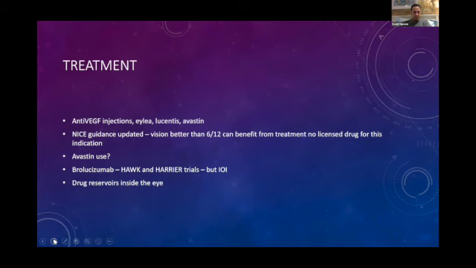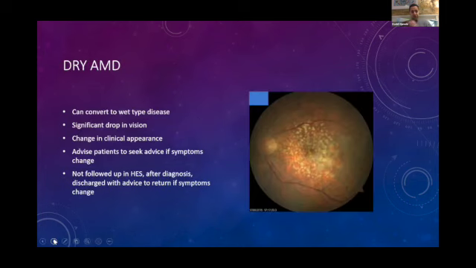Dry macular degeneration, it's not an urgent or an emergency referral. It can convert to wet type disease, but the conversion rate is not necessarily high. If there is a significant drop in vision or a significant change in their clinical appearance, it's worth considering a referral.